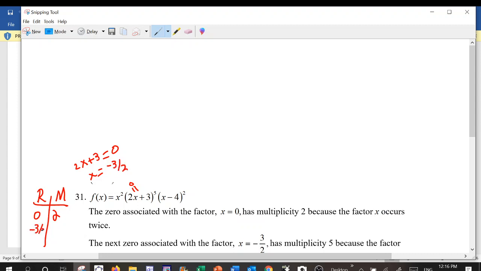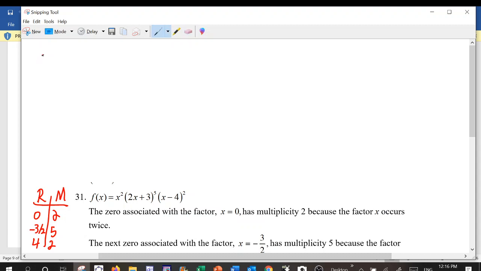Negative 3 over 2, and its multiplicity is 5. And the root here is 4, and the multiplicity is 2, right? Okay, so now we can easily graph this. So what do we need?